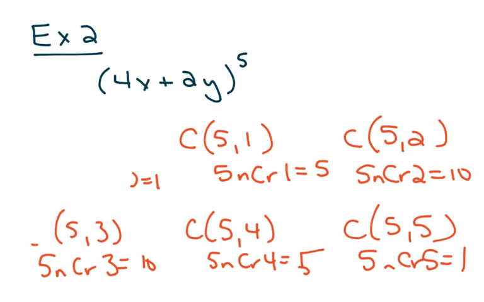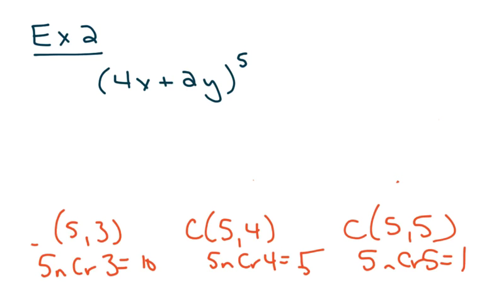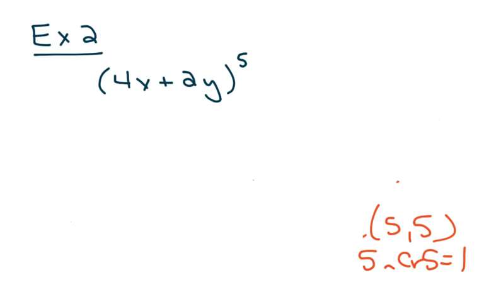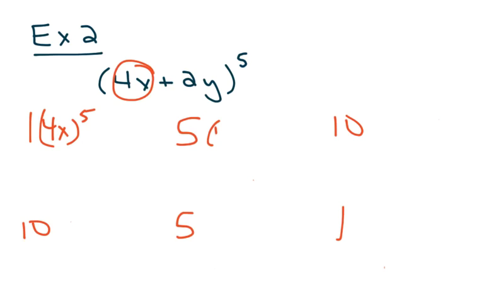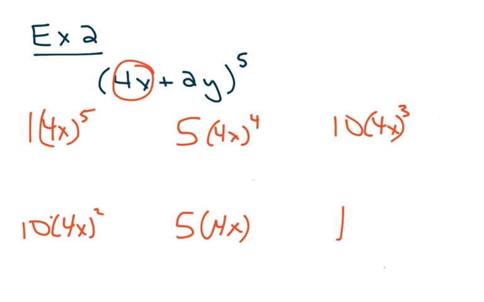So now I'm going to get rid of this, and we're going to expand the binomial. 1, 5, 10, 10, 5, 1. So the first term in the binomial, 4x, starts with the biggest exponent, 5, 4, 3, squared, and then 4x to the first, and the last term doesn't have 4x.